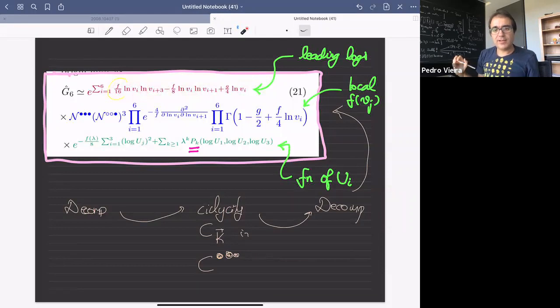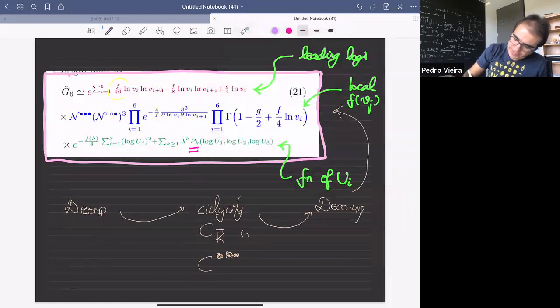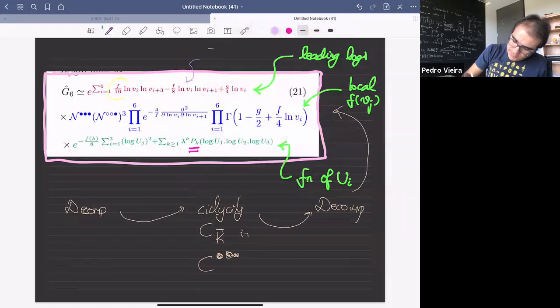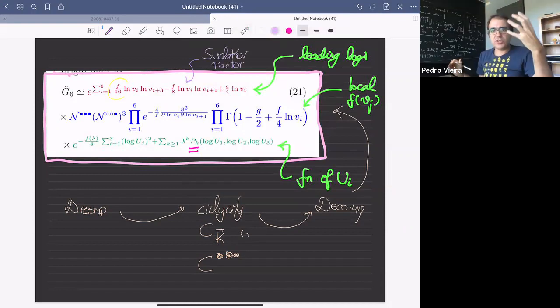Okay. So this factor here, the name that we should give it is not leading logs. If we want to give it a more physical name, we could call it the Sudakov factor. It's the factor that captures the leading divergences, the physical divergences. They are the so-called Sudakov factors in amplitudes or in Wilson loops.